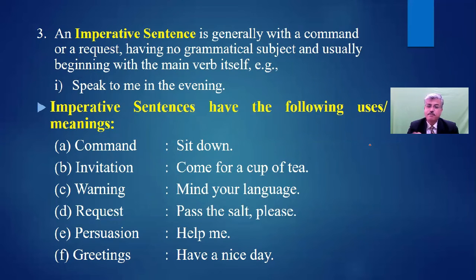Request, pass the salt please. Persuasion, help me. Greetings, have a nice day. Dear learners, if you look at all these examples, they begin with the main verb. Sit, come, mind, pass, help, have. There is no subject and all these sentences have been used for command, invitation, warning, request, persuasion, and greeting.